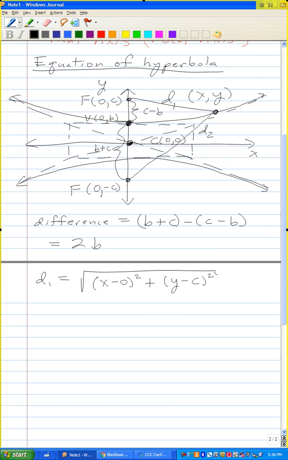Next, d2 is equal to the square root of x minus 0 squared plus y minus the negative c, so y plus c, squared.